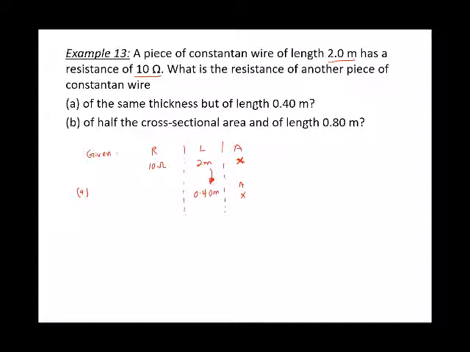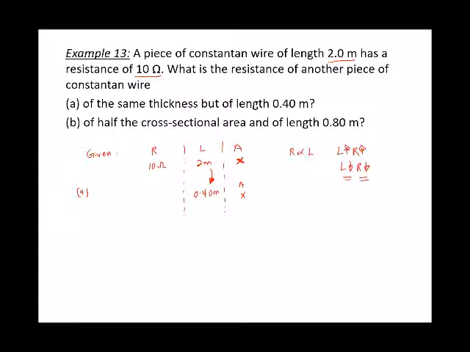We know that resistance is directly proportional to the length. When the length goes up, resistance goes up. When the length goes down, resistance goes down. Because the length has decreased, the resistance value will also drop.